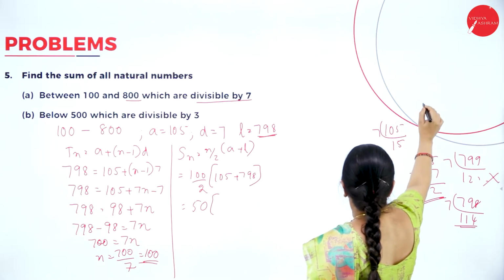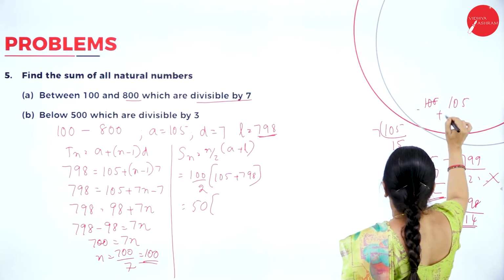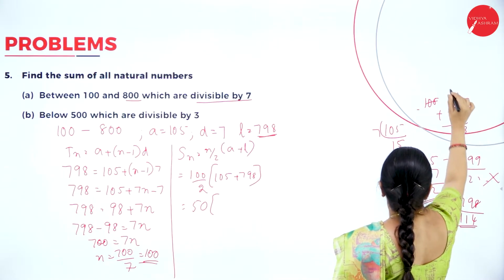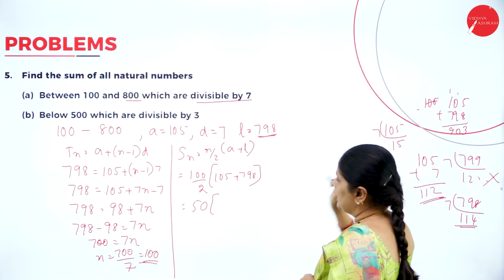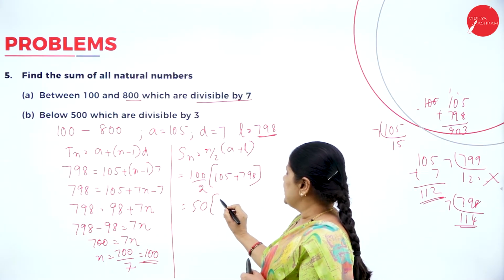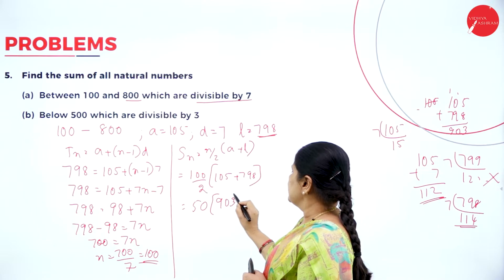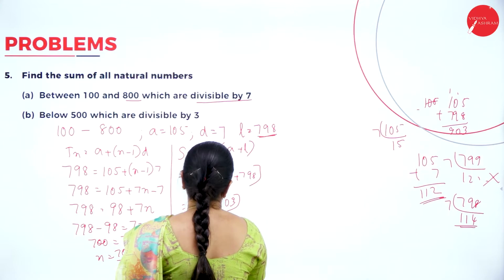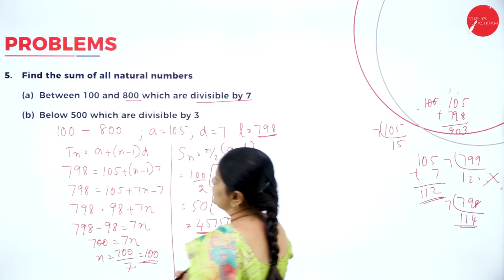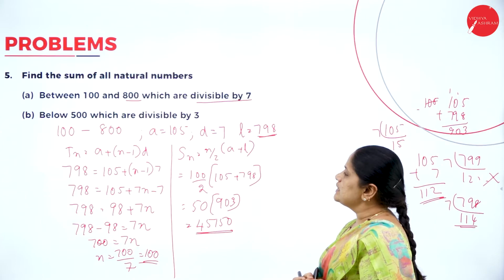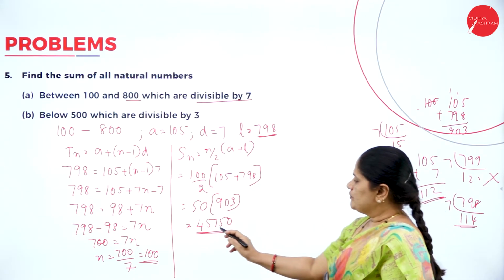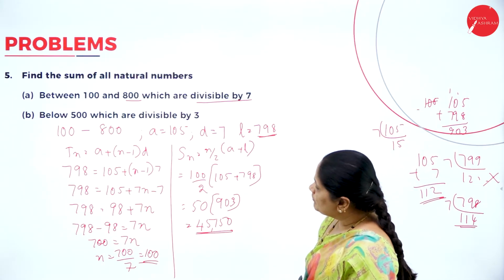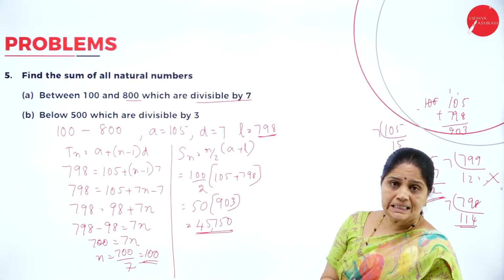So we will add 105 plus 798. 8 plus 5, 13. 903. So I'll get 50 into 903. So this will be 45,150. So between 100 and 800, the sum of numbers divisible by 7 is 45,150.